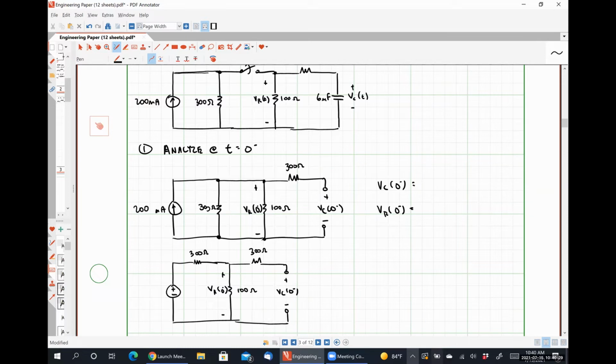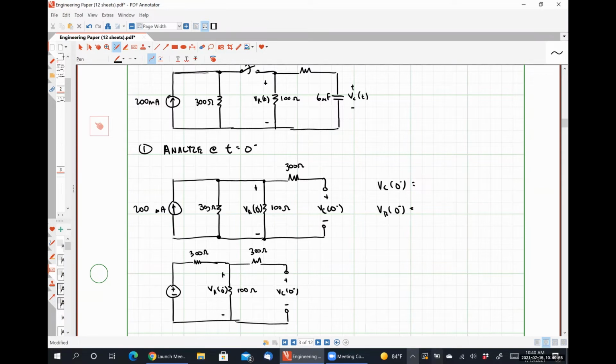So what do I do to get that voltage doing source transformation? Multiply the resistor and the current source together. All right, so that would be 200 milliamps times 300 ohms, so 0.2 times, sorry. I feel like I should be able to do that in my head.